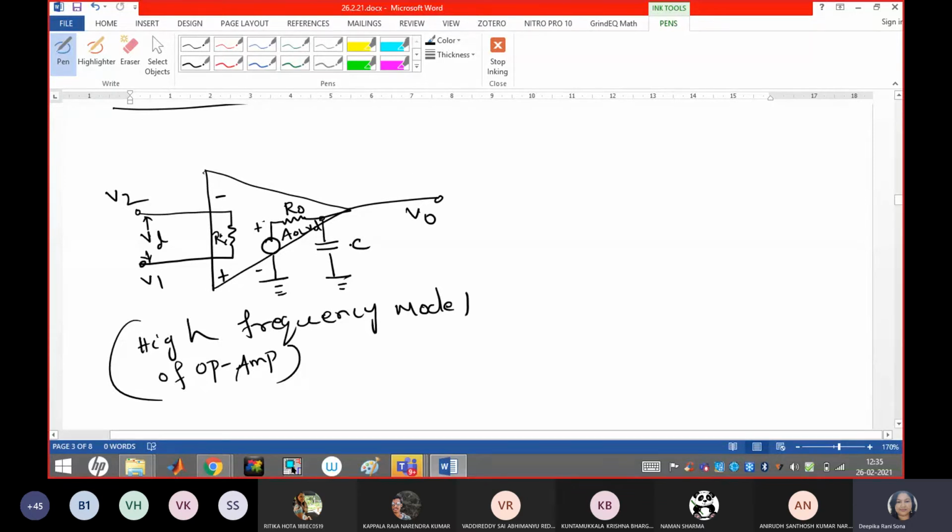If the capacitor is attached externally to the op-amp circuit, we have to consider the capacitive reactance effect.